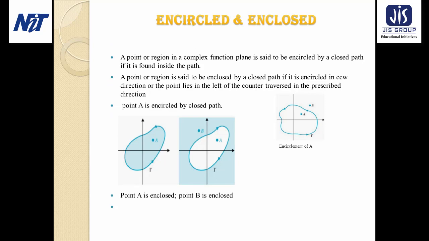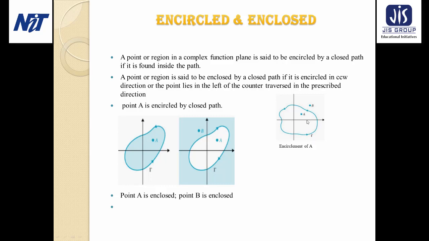So next, what is encircled and enclosed, which is very important in the Nyquist. If a point is found inside a closed path in a complex plane, then it is called encircled. If we consider this picture, we can see that the point A is enclosed within this contour tau.